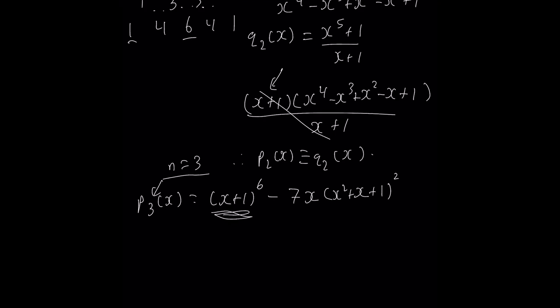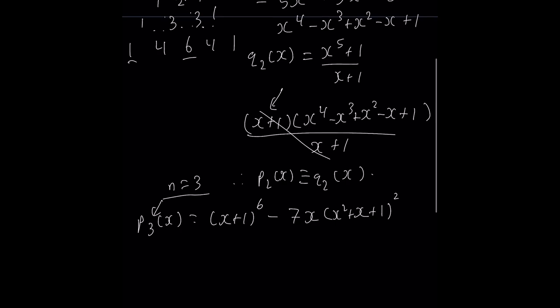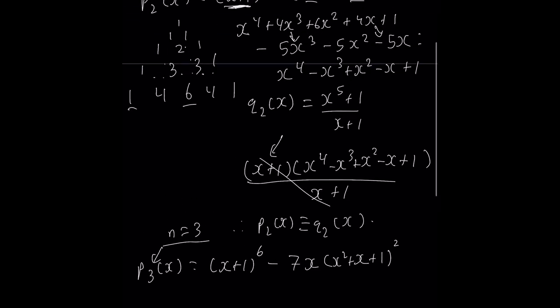So x plus 1 to the 6. We just have to carry on our Pascal triangle. So put the ones on the outside. Add these two, then 5, and then 1. If you notice, these are actually symmetrical, but it's still good to work them out. So 1 plus 5 is 6, 15, 20, 15, 6, 1.